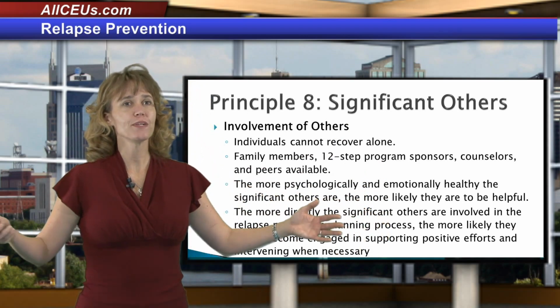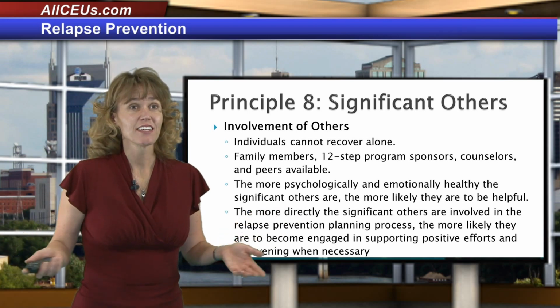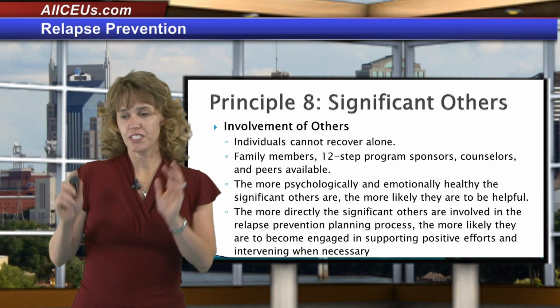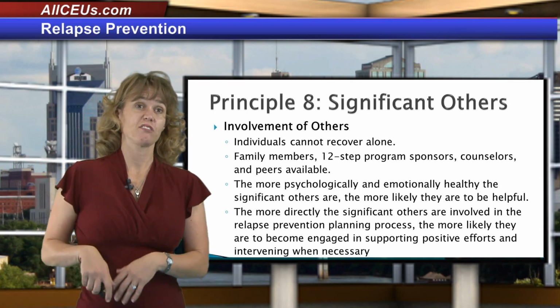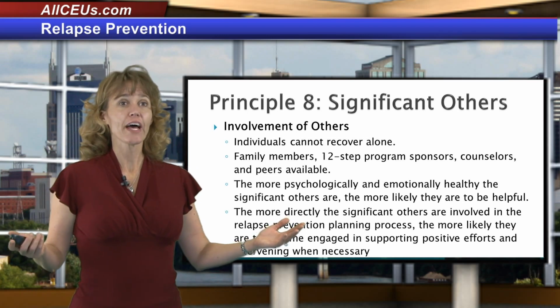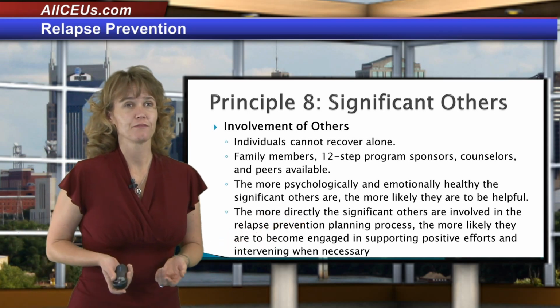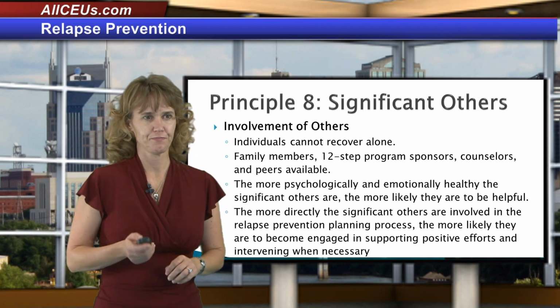That way we can have an open dialogue. And sometimes a duck is a duck. The significant other will say, you've been doing this, I'm wondering if you're relapsing. The person will say, no, I just wanted to spend the evening on the internet. Okay, a duck is a duck. But the significant other was able to point it out.